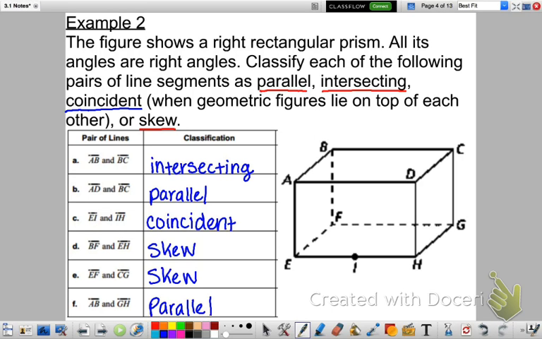The only one I'm going to go over is C. C says to take a look at EI and then IH. EI and IH describe the same line. Because of this, EI lies on top of IH, so we will call them coincidental lines.